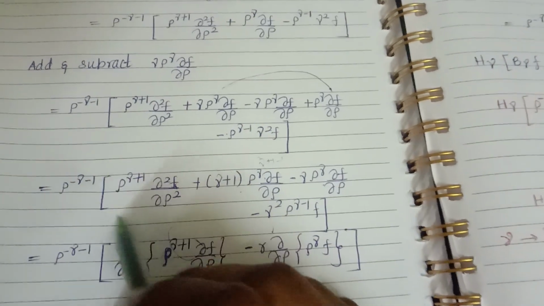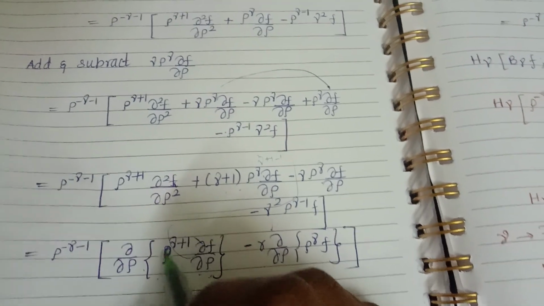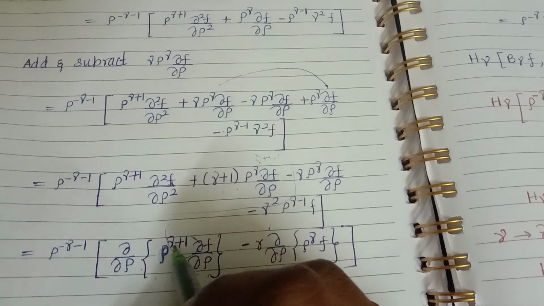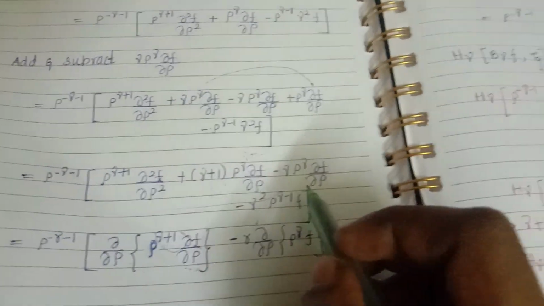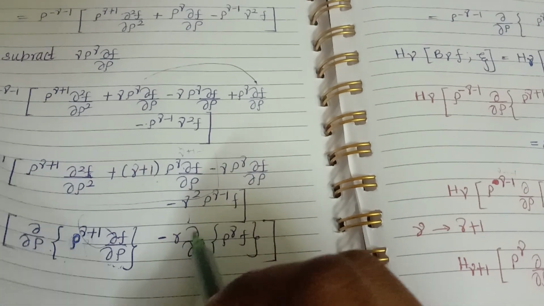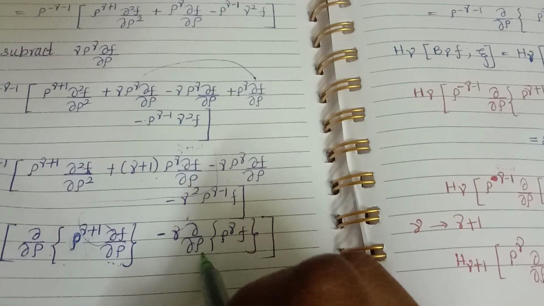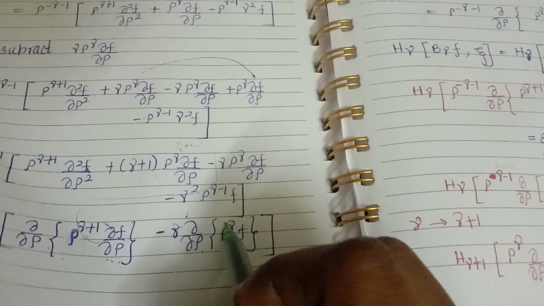So instead of this we can replace d by d rho into rho to the power of nu plus 1 df by d rho, and instead of this we can also replace d by d rho, taking nu as common, d by d rho of nu f.